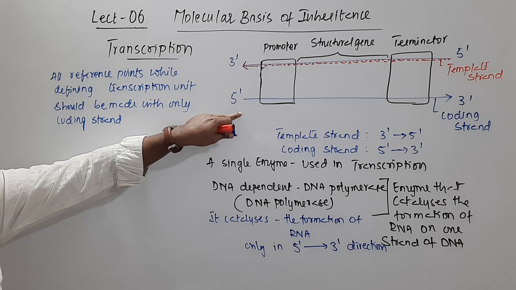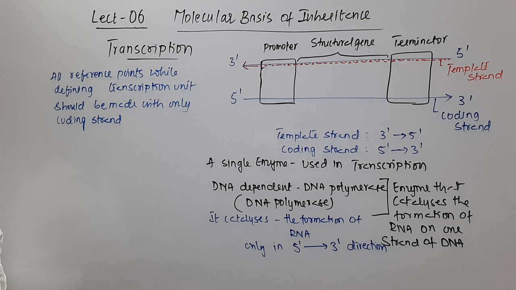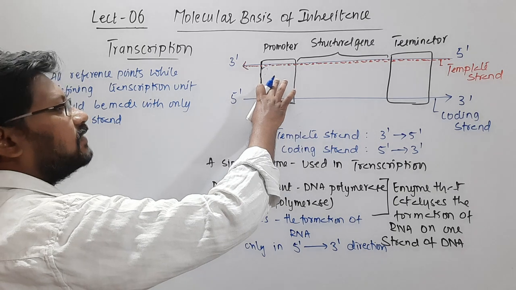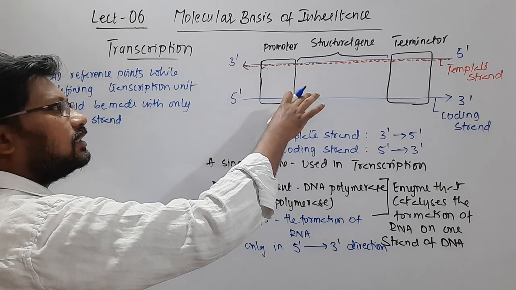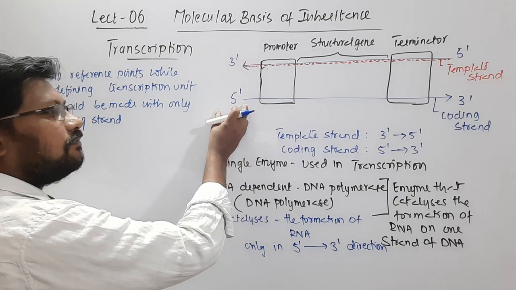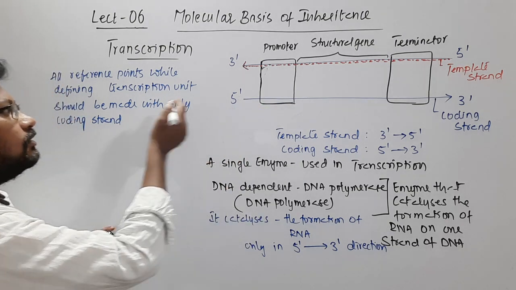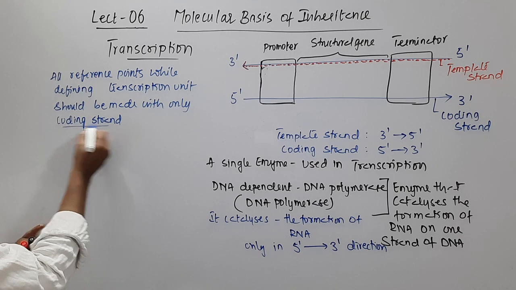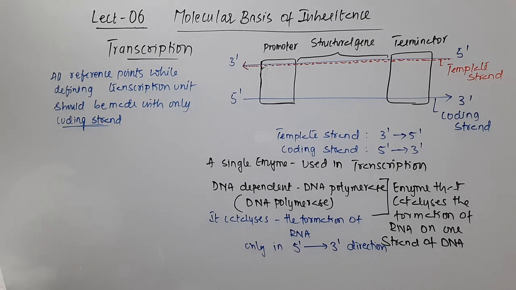Now if I ask whether the promoter is present on the 3' end or 5' end, the answer is the promoter is present on the 5' end, because I told you to take the coding strand as the reference point here.